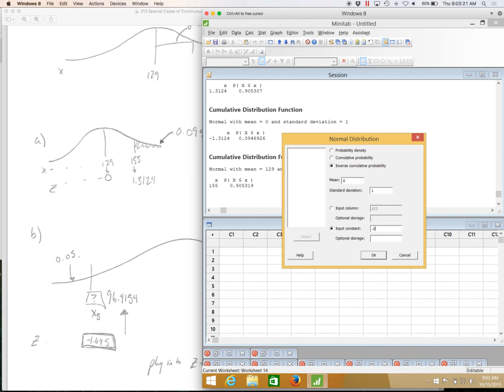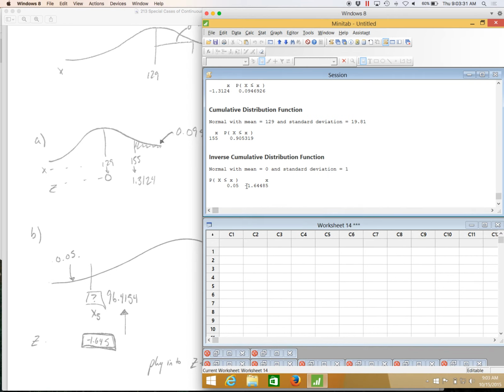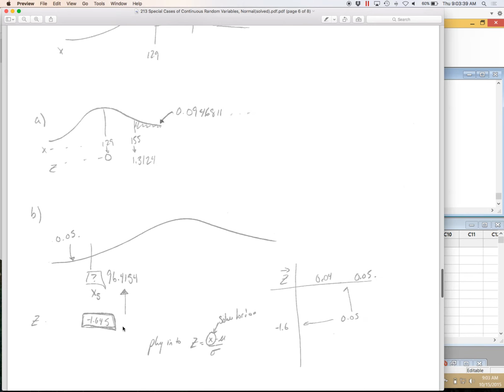So if I put the cumulative inverse probability, where the probability from the start to this point is 5% or 0.05, then I will find the value that corresponds, much better than using a table, negative 1.645-ish. That is the Z-score.